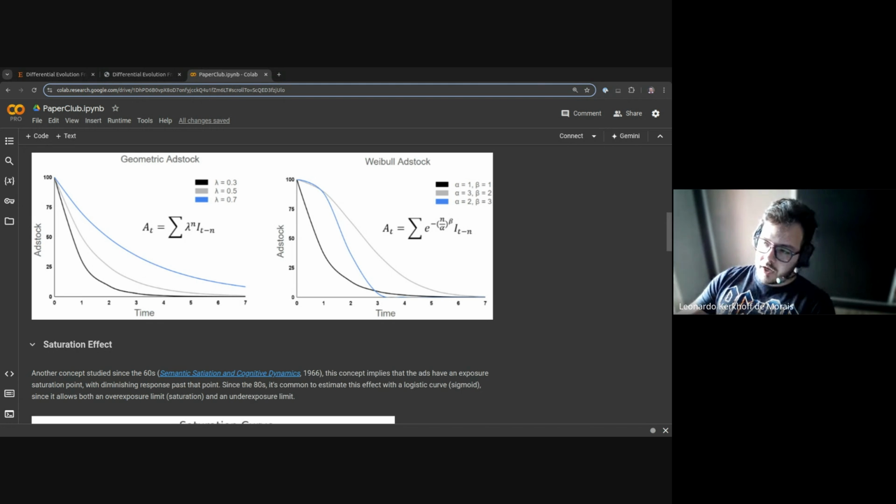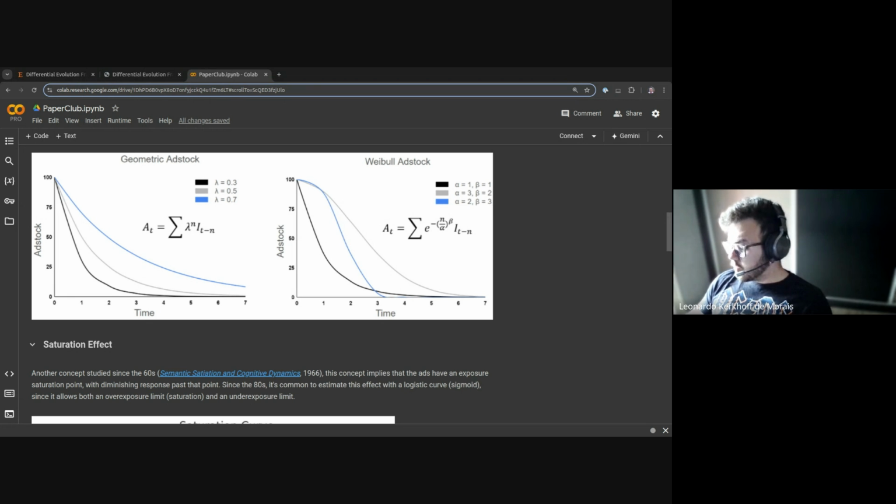And when they applied this to marketing, they discovered that every media channel also has an exposure limit, and past that limit you don't have the same result that you would have before. That means you are impacting the same customer more times than you should, and you are just throwing money away. And usually since the 80s, it is common for us to model this as a sigmoidal, so a logistic function.